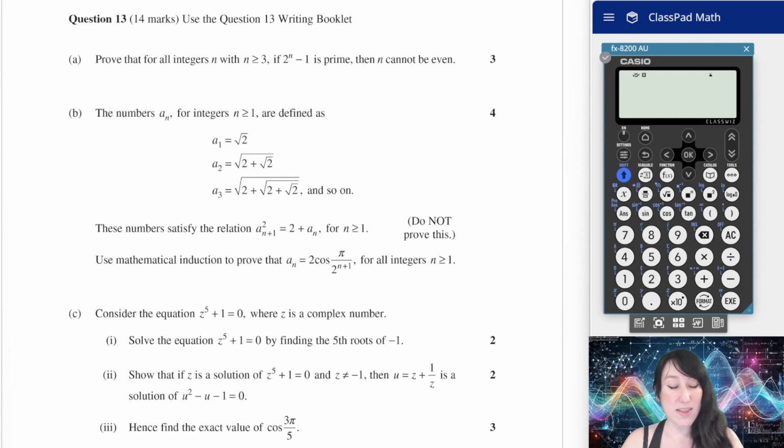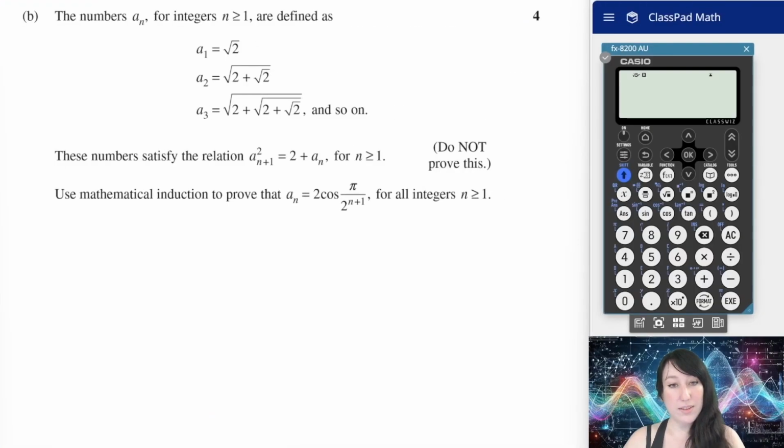These numbers satisfy the relation a_(n+1) squared equals 2 plus a_n for n greater than or equal to 1. Use mathematical induction to prove that a_n equals 2 cosine of pi over 2 to the n plus 1 for all integers n greater than or equal to 1. So, our proof needs to start at n equals 1.